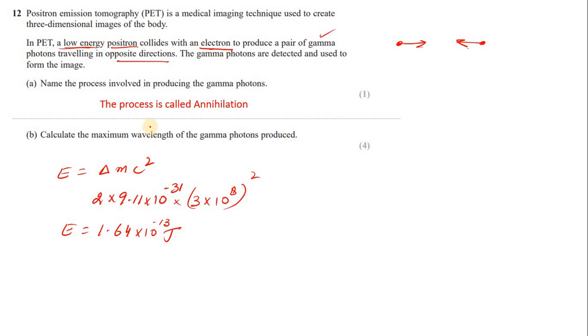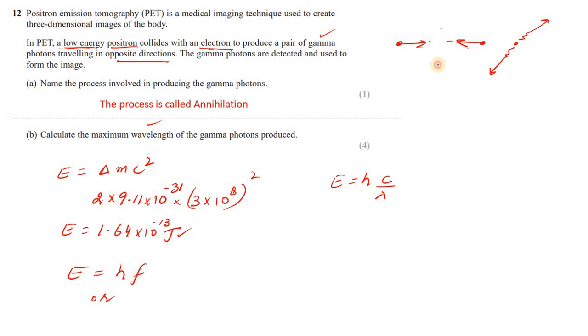And now we need to find the wavelength. So we know that energy E is equal to hf, or energy is equal to hc upon lambda. But remember, the energy that we found is for positron and electron, and when they annihilate, 2 photons are created moving in opposite directions, 2 gamma photons.